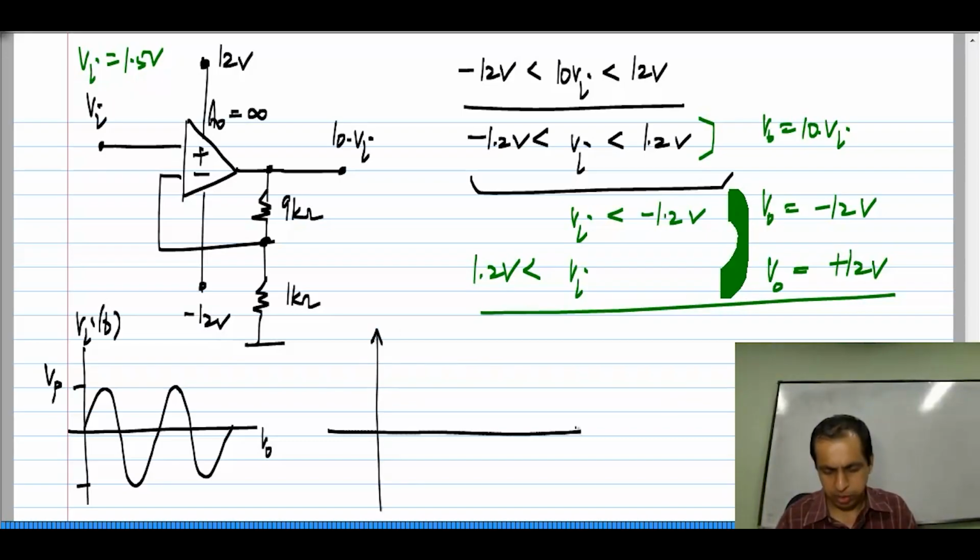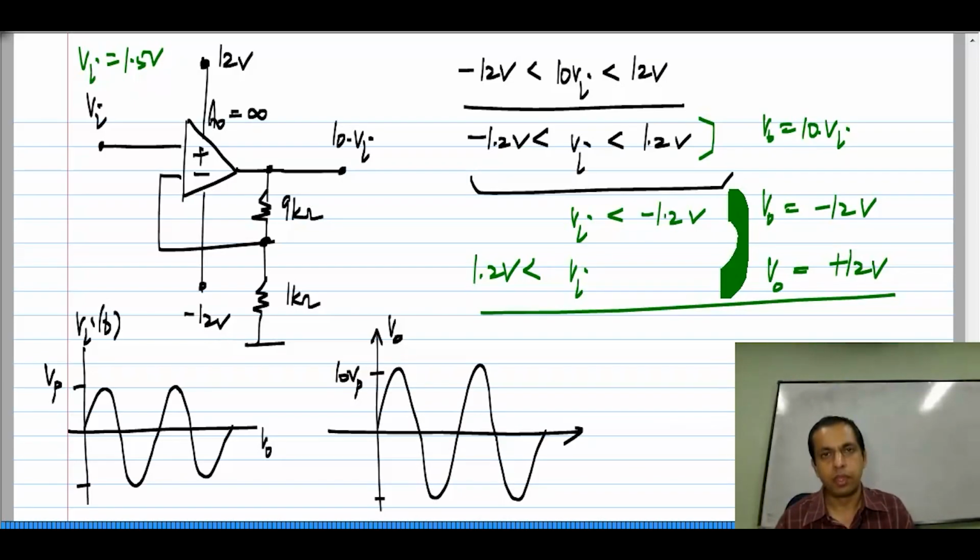At the output, we expect that we will have a sinusoid of peak value 10 times Vp, because the output is simply 10 times the input. And this will happen if this 10 times Vp is within the saturation limits.